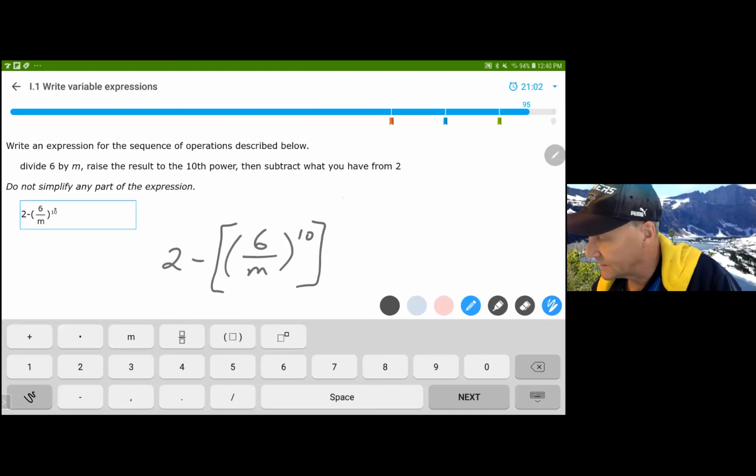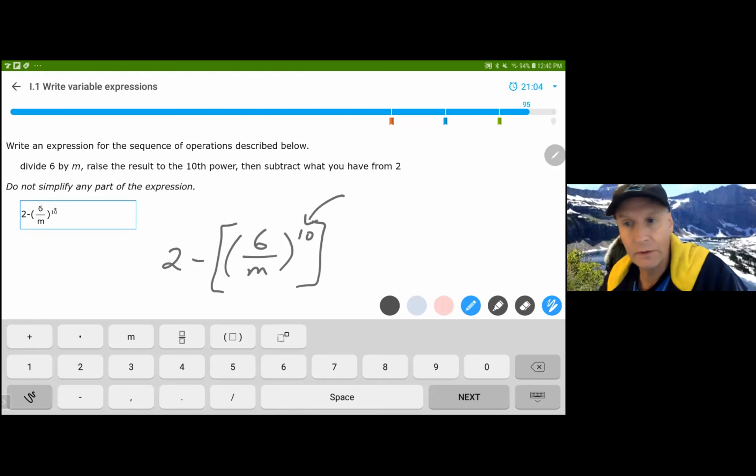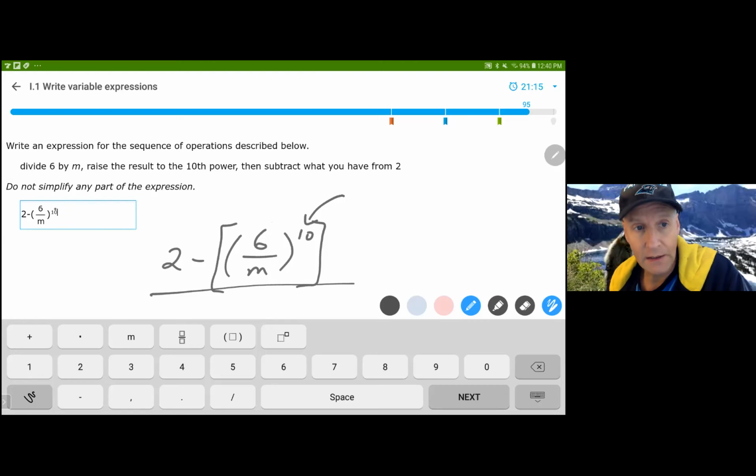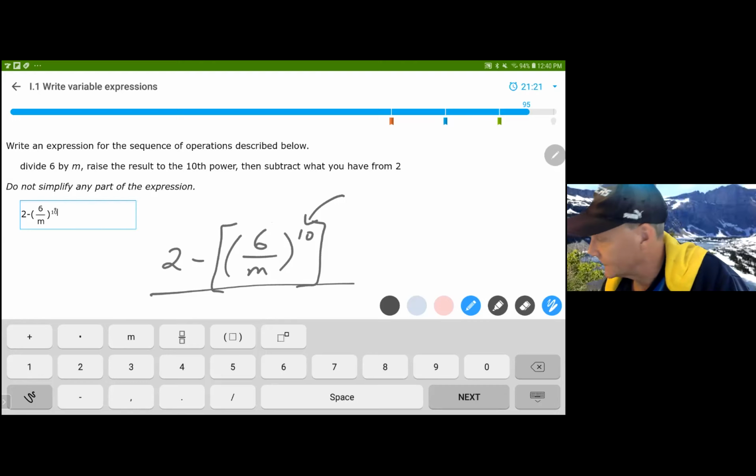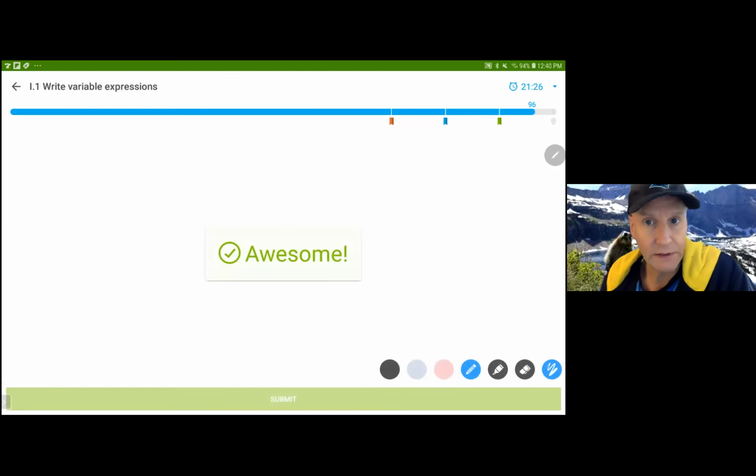But because this 10th power is so powerful in order of operations, I'm definitely going to take the 10th power before I do the subtraction. So this is actually more correct, and I probably could have just put the parentheses around the whole thing. But I think I'll leave it as it is. It's okay. It's not wrong. It's just not absolutely complete.